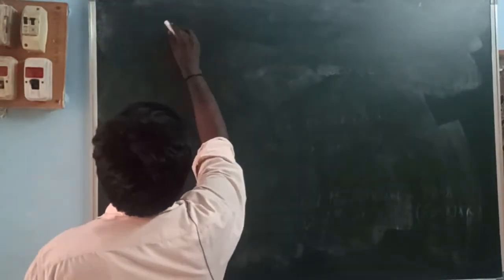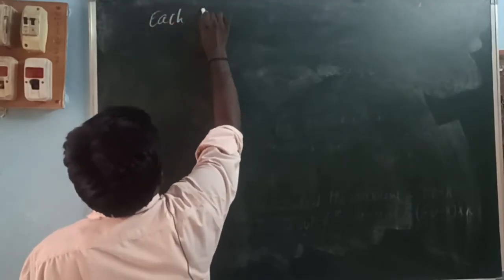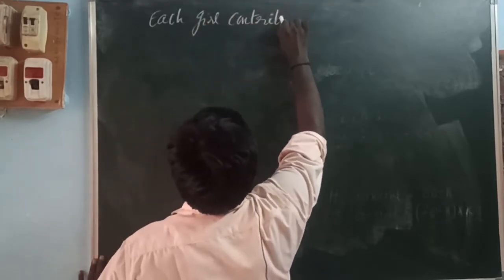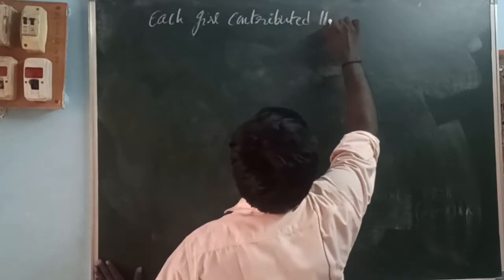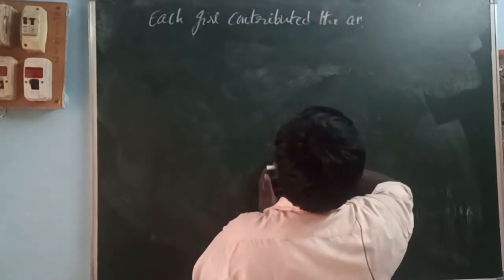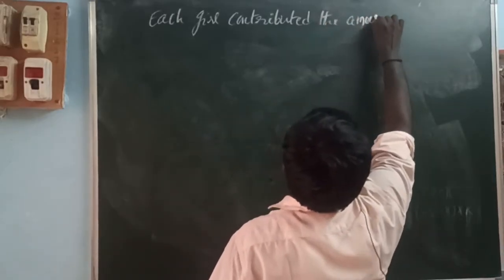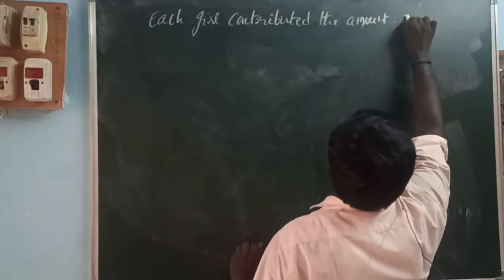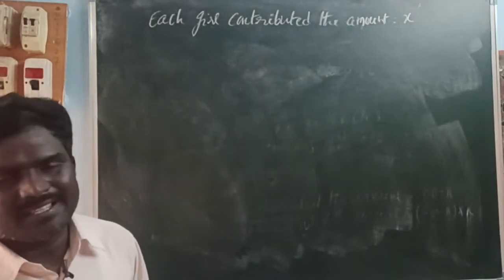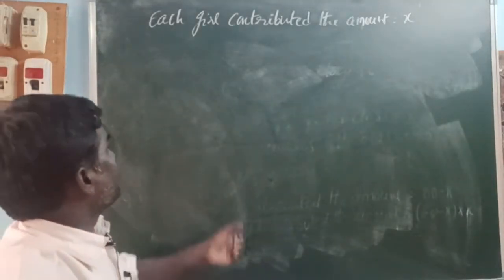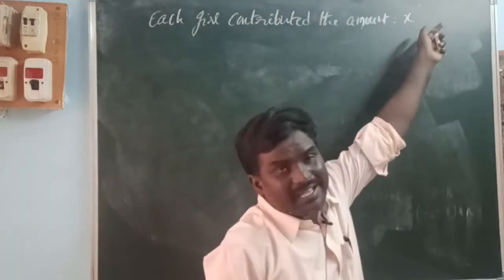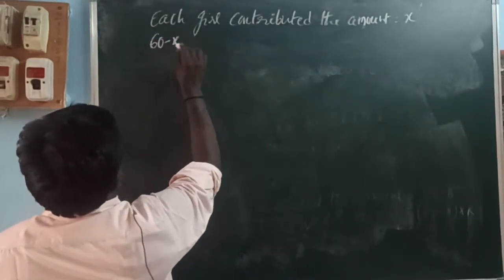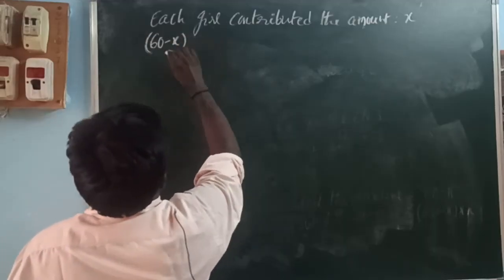So next, each girl contributed the amount. How many boys are there in the class? That number is x. The number of boys in the class is x. So each girl contributes x rupees. How many girls are there? 60 minus x girls.